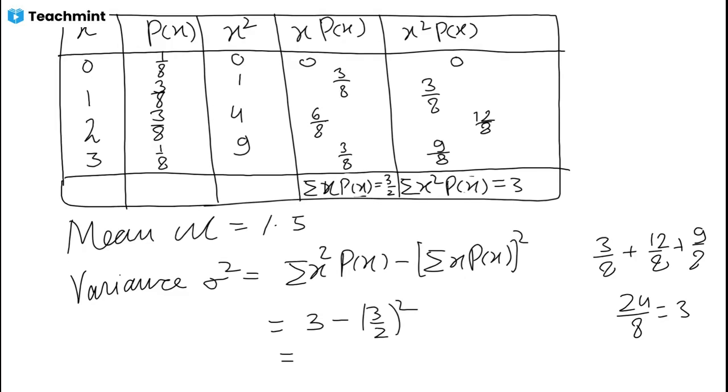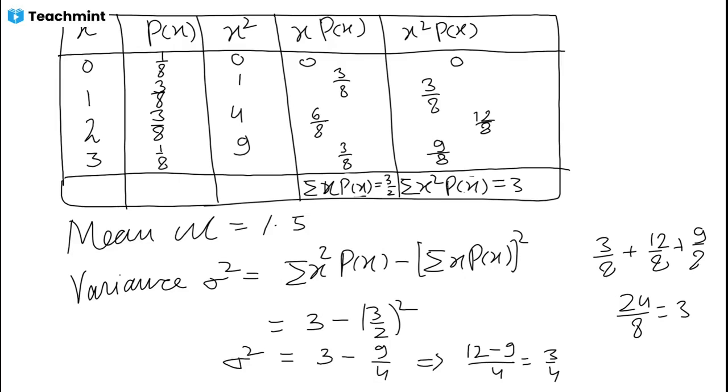So 3 minus 9 by 4, which is 12 minus 9 by 4, finally 3 by 4. That is the variance, sigma square.